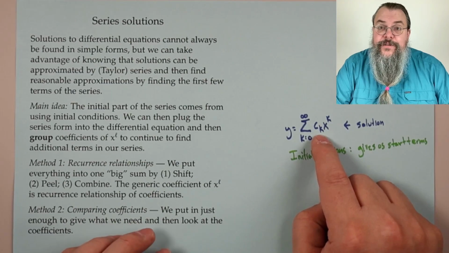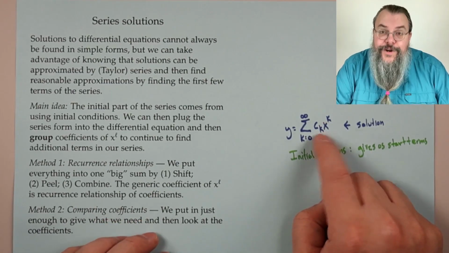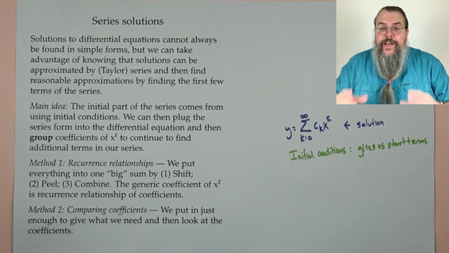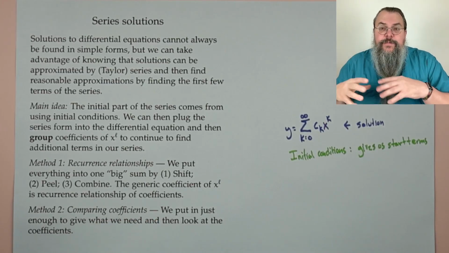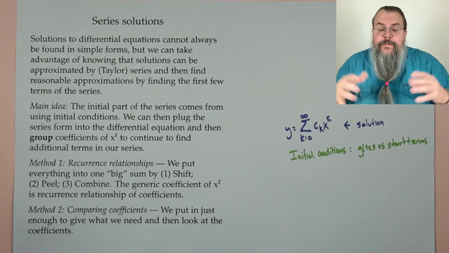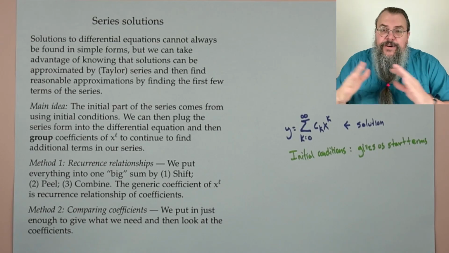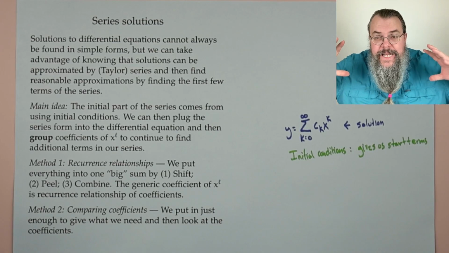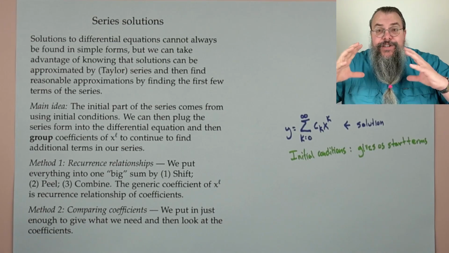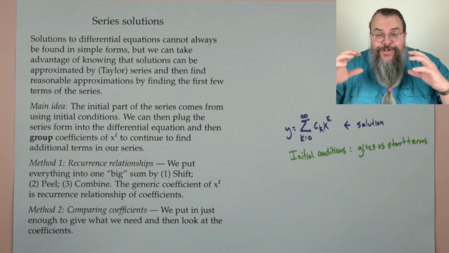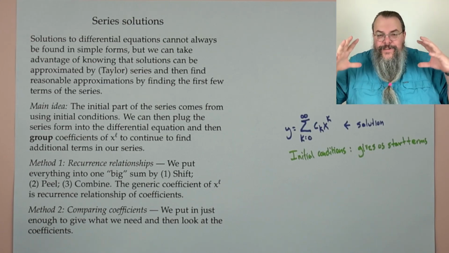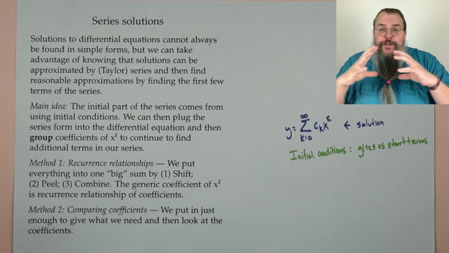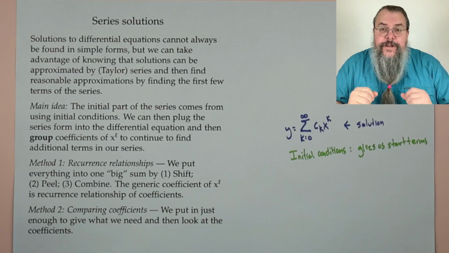How about second derivatives? Just do derivatives twice, term by term. Then you replace the y prime and the y double prime. I might have to do a little bit of multiplication. I move any powers of x in the front into the sum. And the goal is to write it as one giant sum. As we would say, one sum to rule them all, right? A single sum, so we have all the powers of x to the L together.